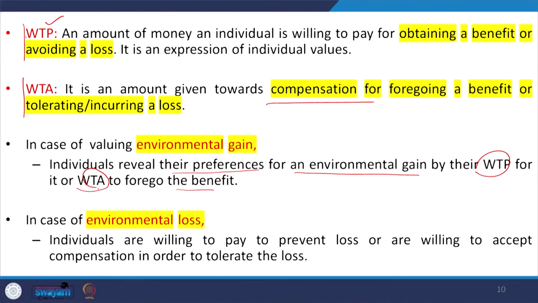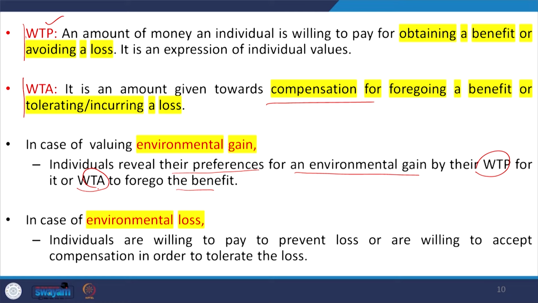Likewise, if because of a particular policy or program, when it is implemented, some kind of environmental loss will happen, then how do we value this environmental loss?